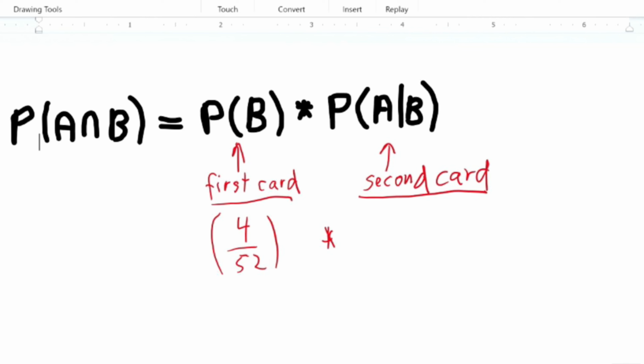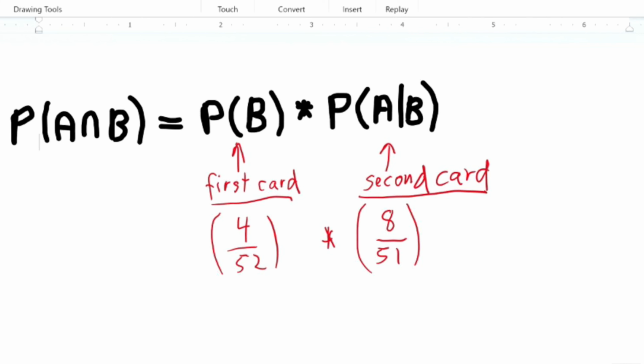Well, how many 5s or 6s are left in the deck? There are 4 5s and there are 4 6s, so there are 8 possible cards left in the deck. And since we already took out the first card, there are 51 cards left. So the probability that the second card is a 5 or a 6, given that the first card was a 7, is 8 out of 51, right?